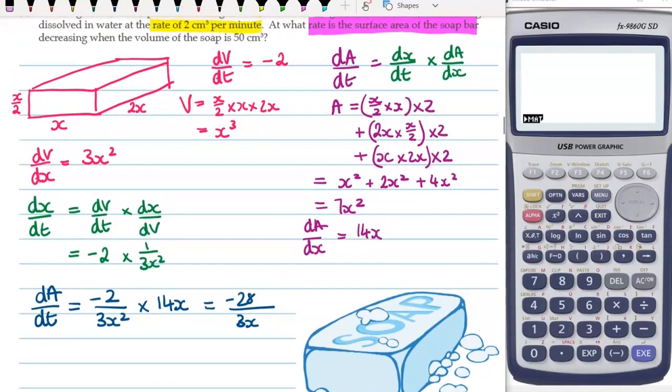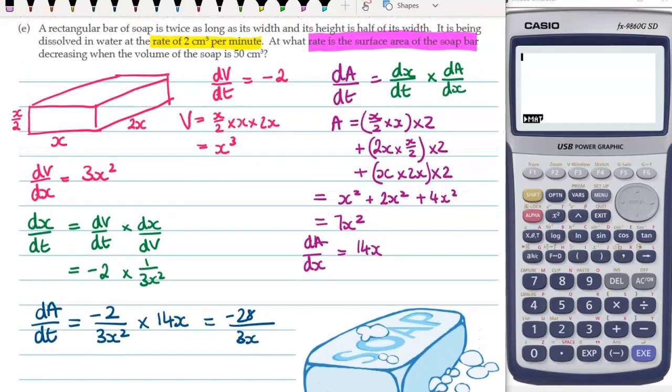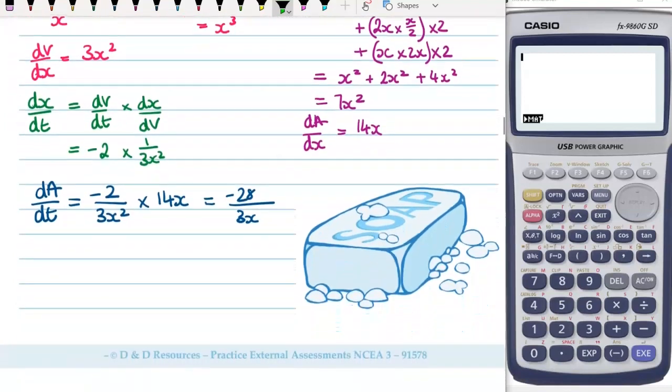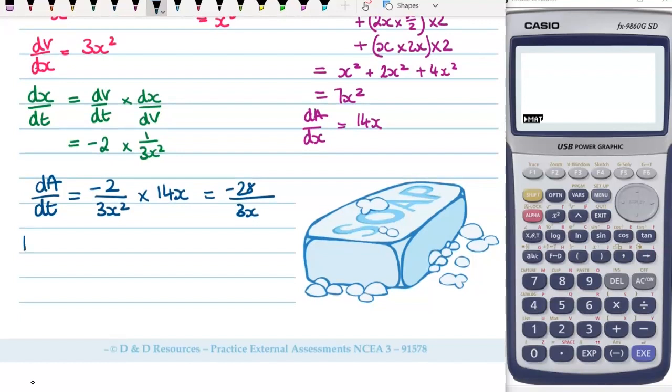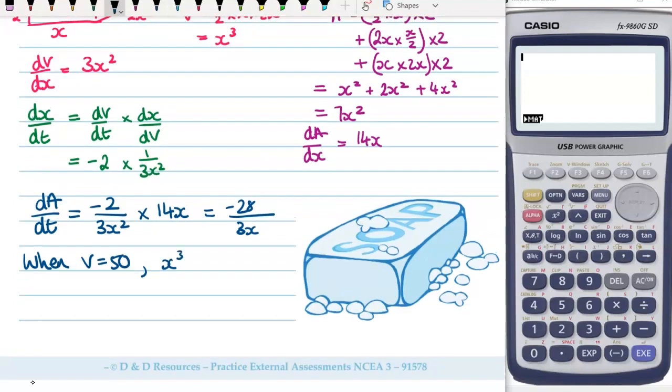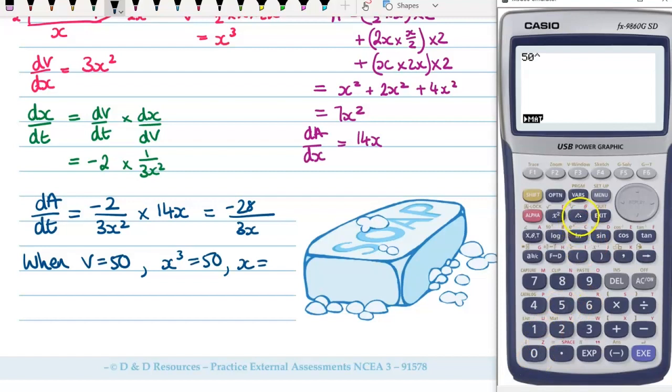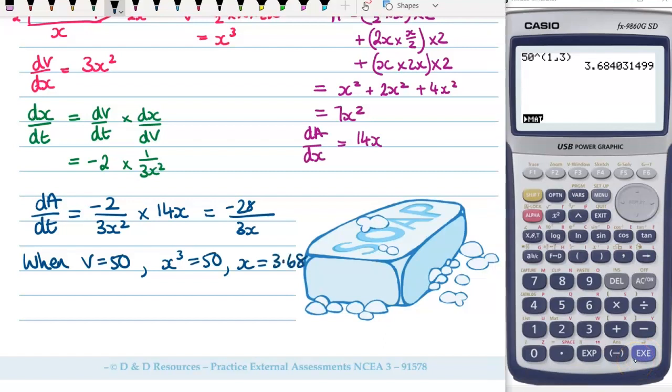All right, now back to the question to work out when we are working this out for. So we're wanting that rate when the volume of soap is 50. So when V equals 50, the volume x cubed is equal to 50. So x equals the cube root of 50, which is 3.68.